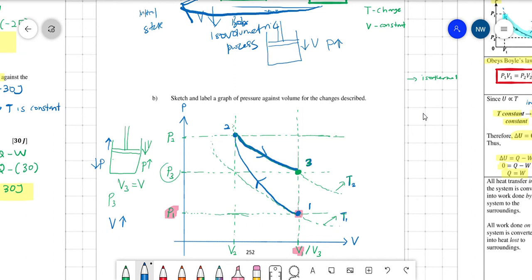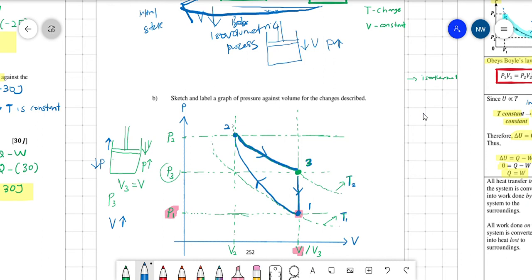That is the second process. For the third process, going from the third state back to the original state, it is isovolumetric, so we just draw a straight line downward here. This is the third process, which is isovolumetric.